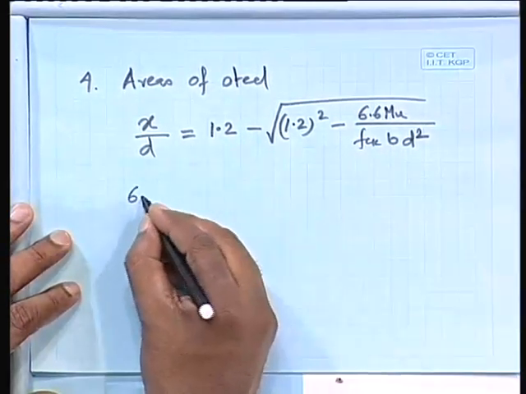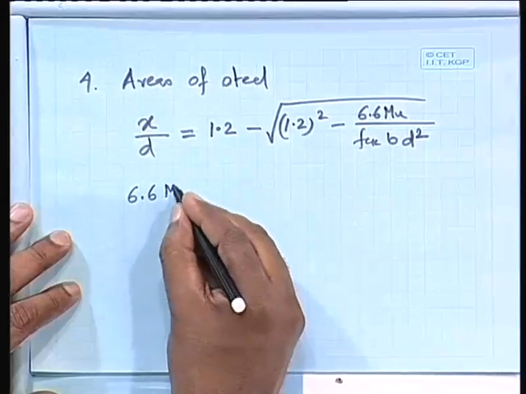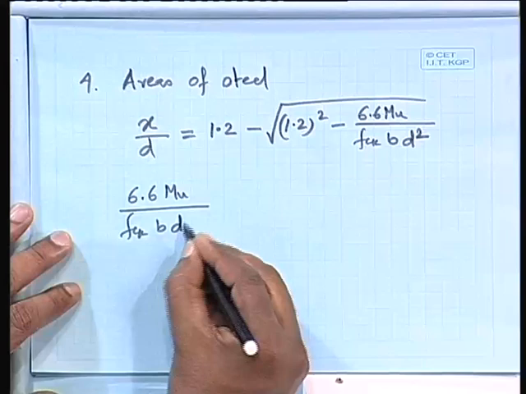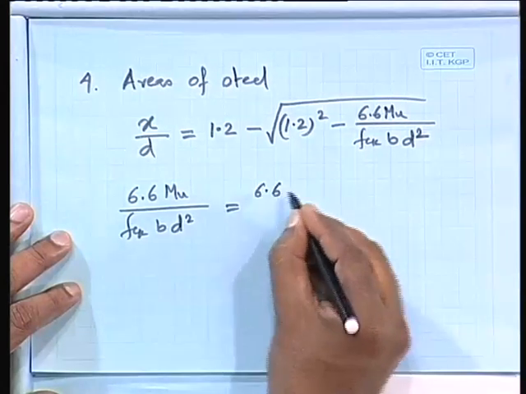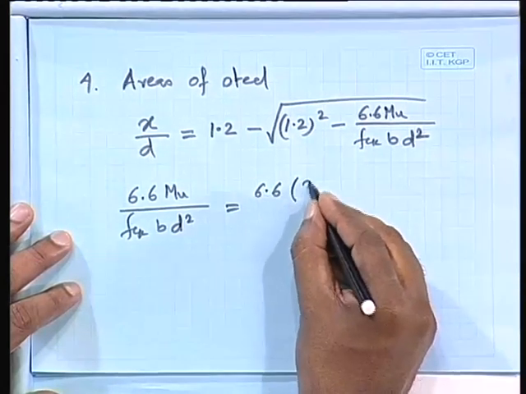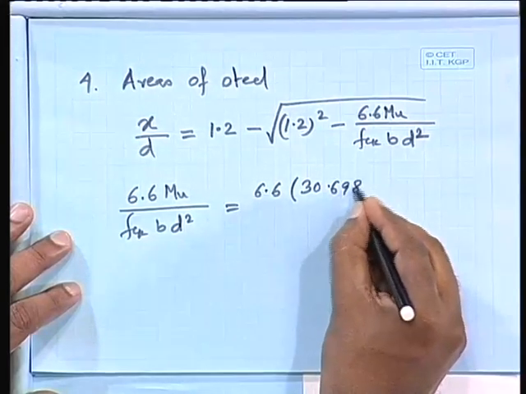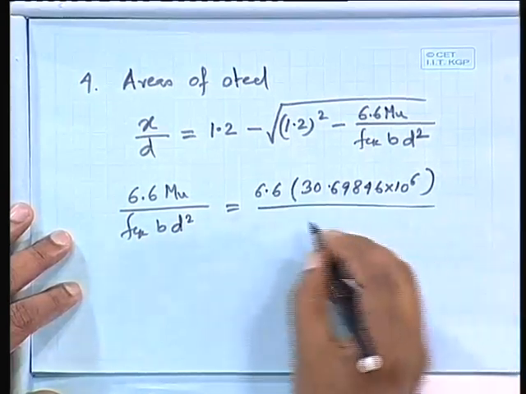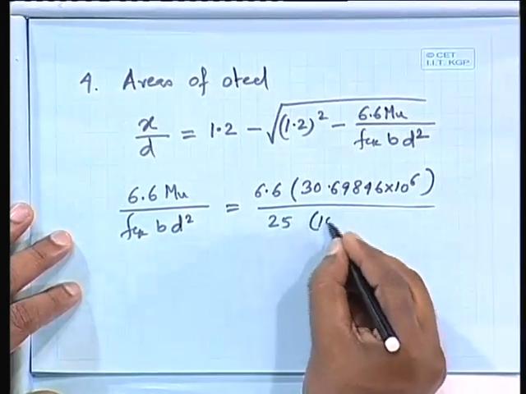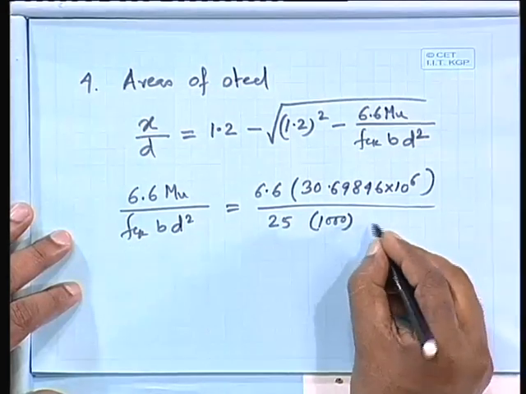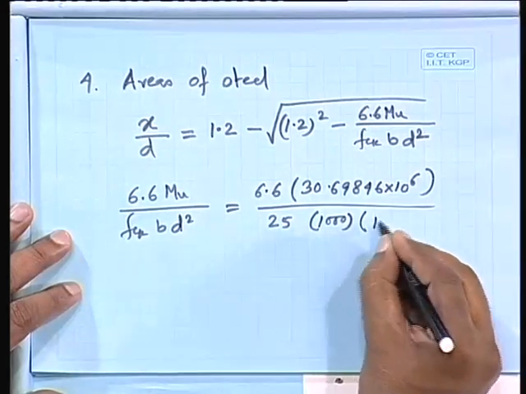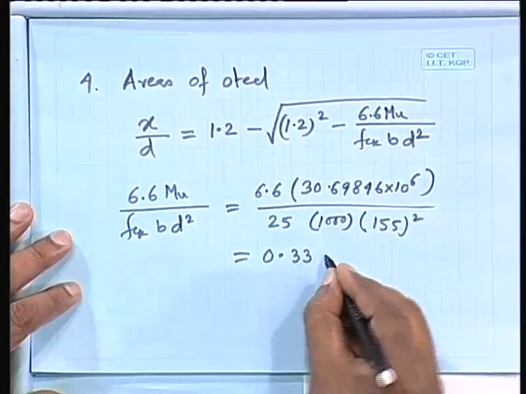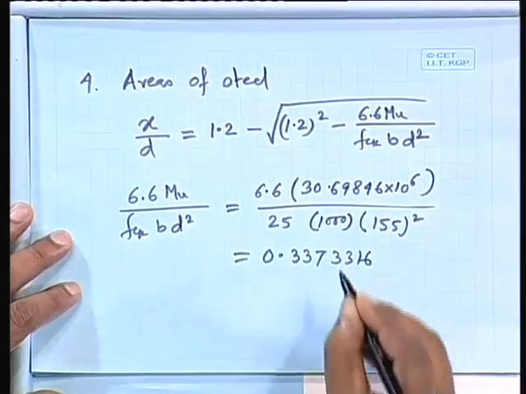Let us find the value of this portion separately. 6.6 Mu by fck b d square equals 6.6 multiplied by 30.69846 times 10 to the power 6 Newton millimeter divided by 25 times 1000, the width per meter, times 155 whole square, which comes as 0.3373316.